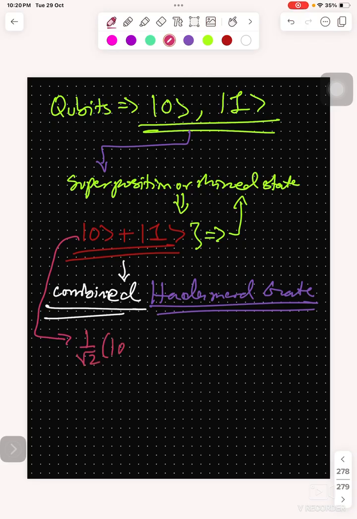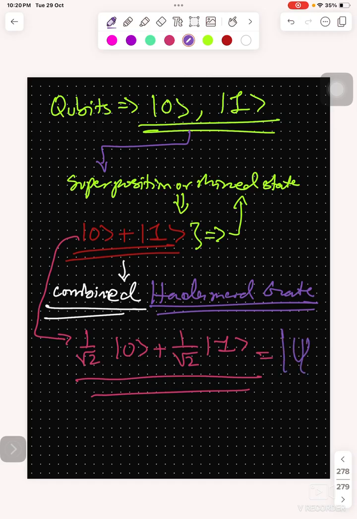This combined with this whole thing can be written in terms of psi.